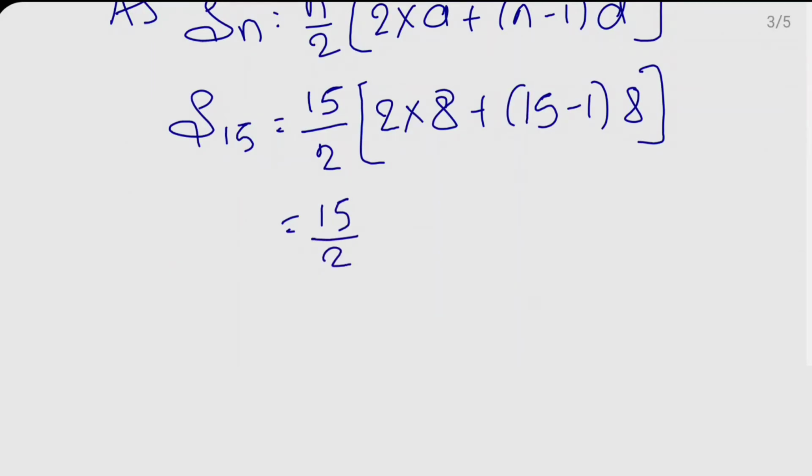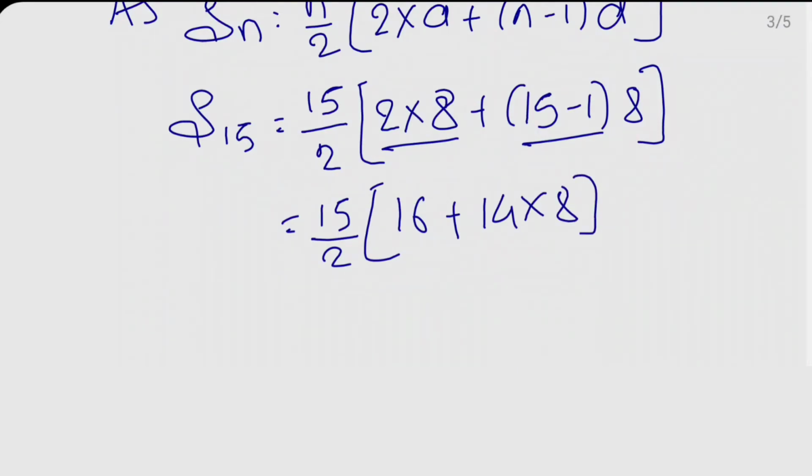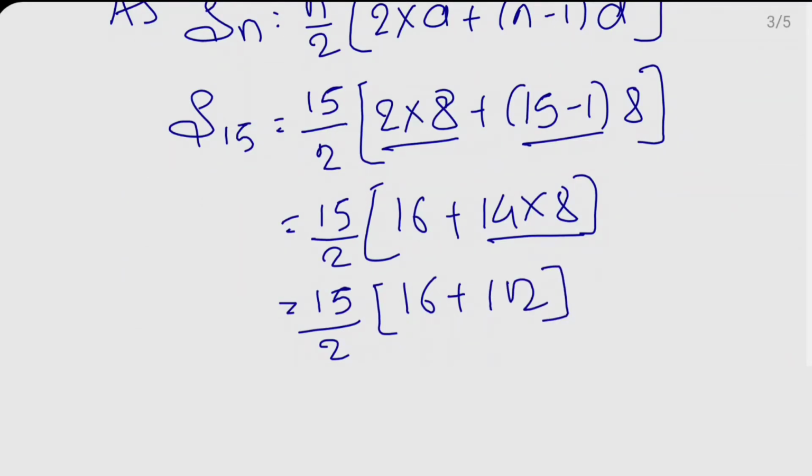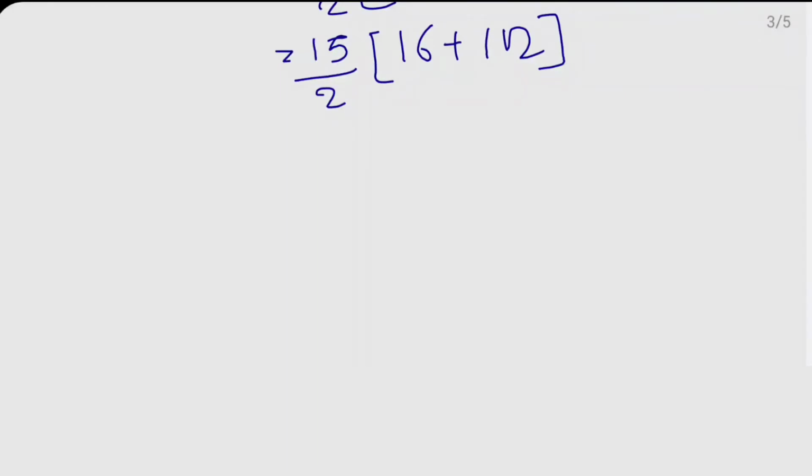So now 15 by 2 as it is, 2 into 8 is 16 plus 15 minus 1 is 14 into 8, and now 15 by 2 as it is, and here 16 plus 14 into 8 is 112, and now 15 by 2 as it is into, add these two, 16 plus 112 is 128.